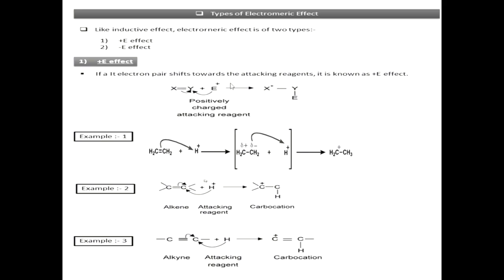Now, types of electromeric effects. We can see that there are different types: a positive electromeric effect and a negative electromeric effect. The positive electromeric effect increases the reactivity, or we can say it increases the polarity, very positively. That's why it is called the positive effect. The reaction will move very fast. Here see the example of ethylene.